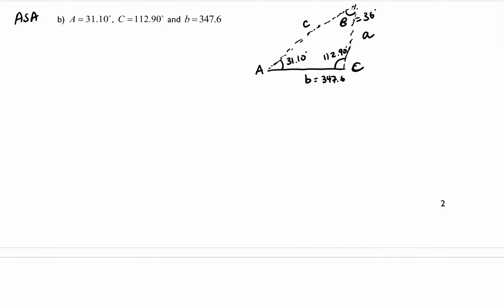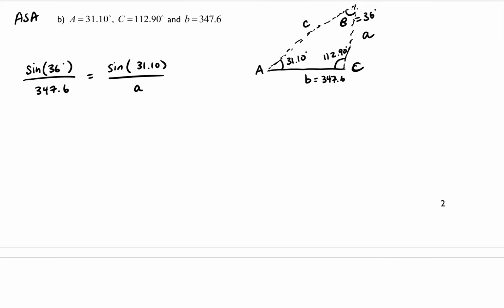So I know that sine of 36 degrees over 347.6 is equal to sine of 31.10 degrees over the lowercase a side length.